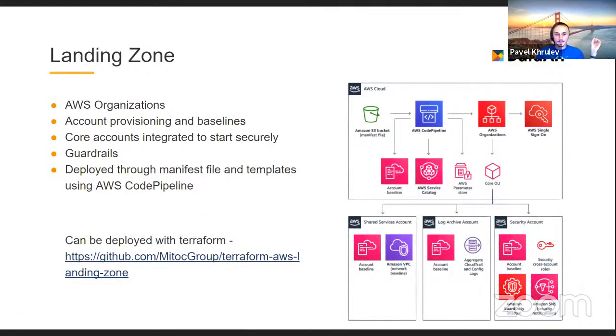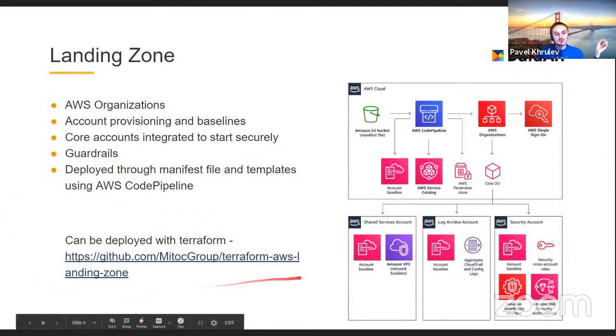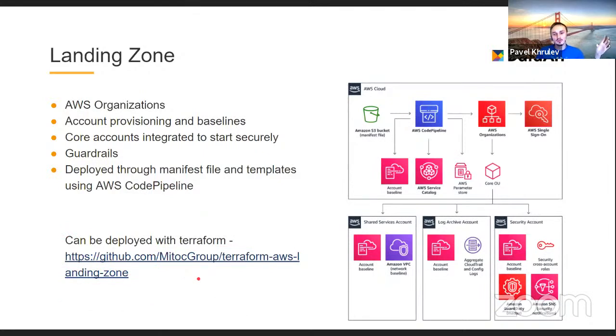And you can actually modify it, you can customize it, but there is a lot of code. Also, you can deploy your landing zone using a Terraform project. Actually, this Terraform project just deploys this CodePipeline and everything related to the landing zone with Terraform.